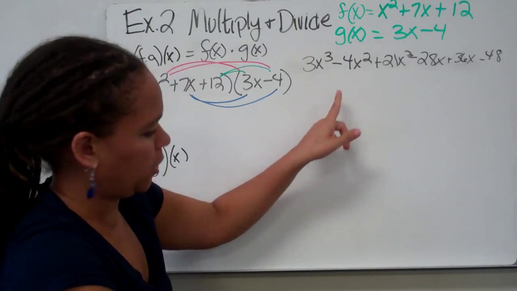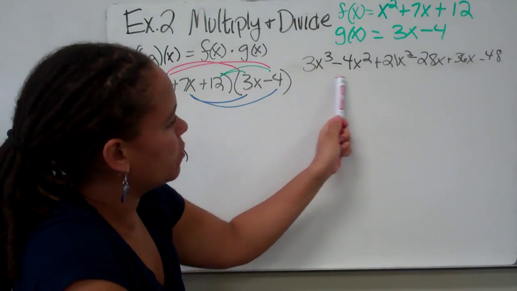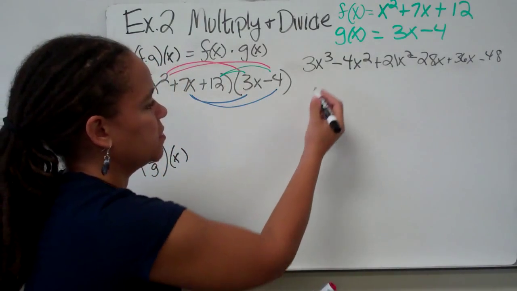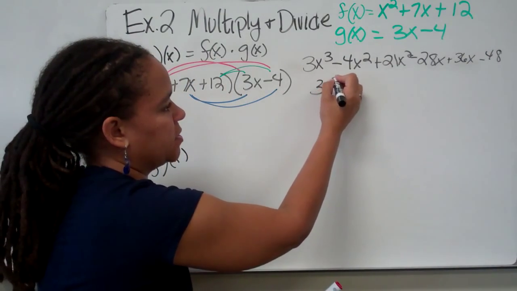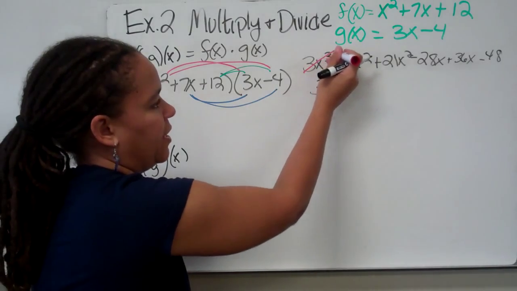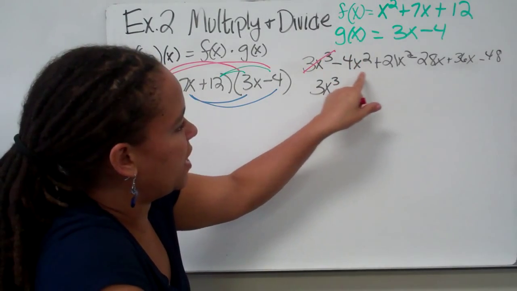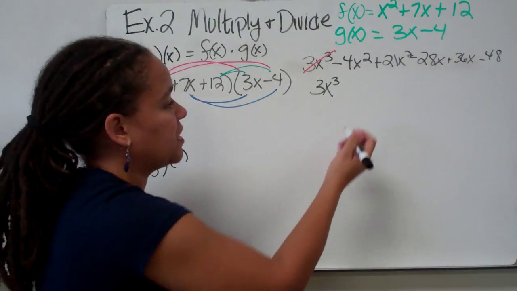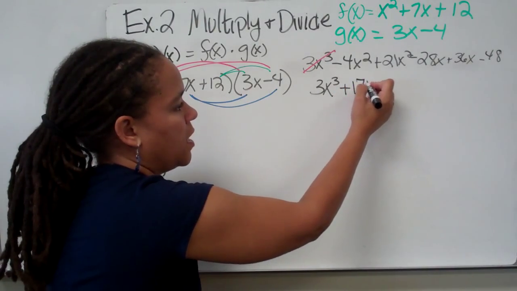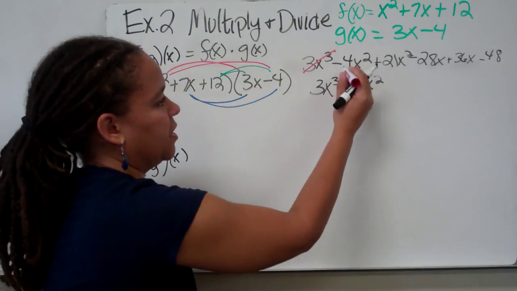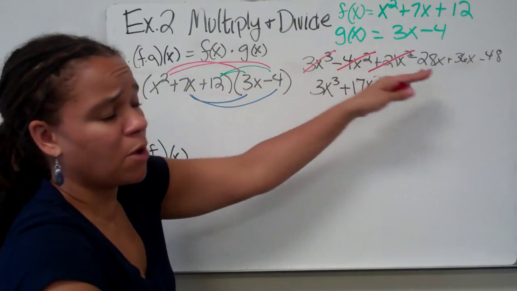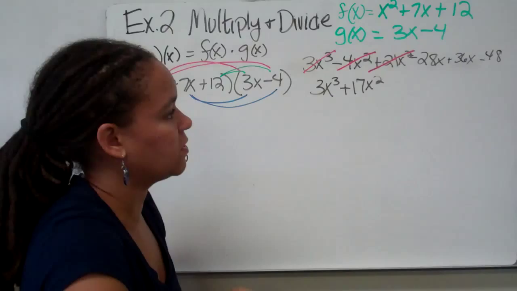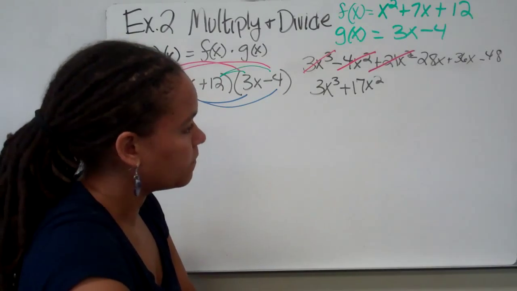So if I'm looking at cubes, I look through, that's the only cube I have. So my final answer is going to have 3x cubed. I've taken care of that. Now look at my squares. I have negative 4 and 21. So if I put those together, I'm going to have a positive 17x squared. I've taken care of those. I suggest you mark through them as you collect them so that it's easier to keep track of.